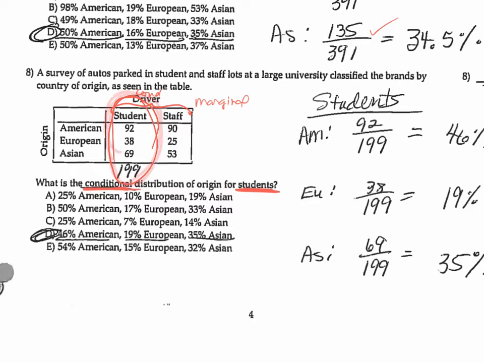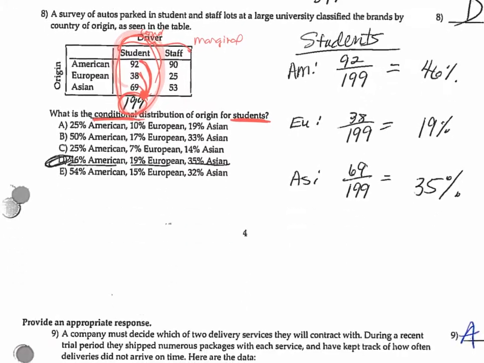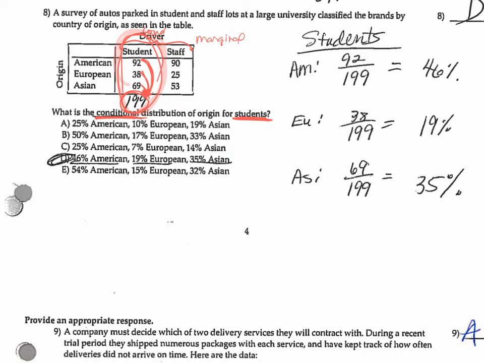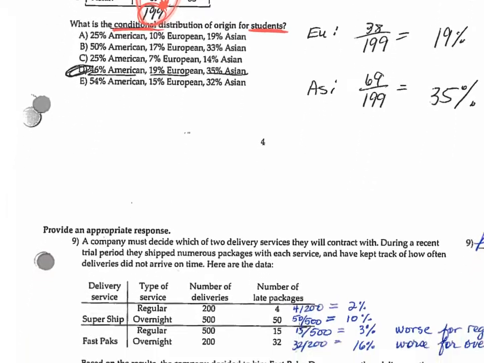Because it wants that section, I had to find the total for students and then make my fractions in this direction. So American in the student category is 92 out of 199, European 38 out of 199, and Asian 69 over 199. So that's the conditional student section. And there are your numbers. Okay, moving on.